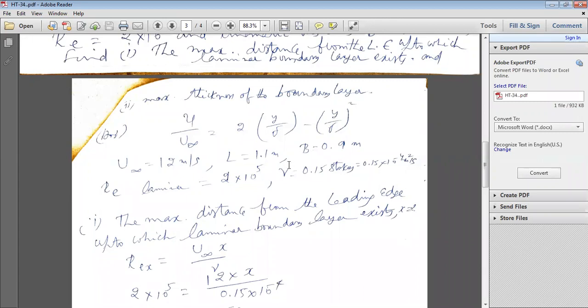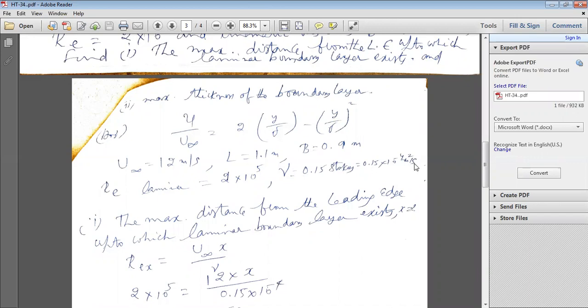And kinematic viscosity is given, dynamic viscosity mu is not given. Nu is equal to 0.15 Stokes. But you have to convert into SI units, meter square per second. Kinematic viscosity units in SI are meter square per second.